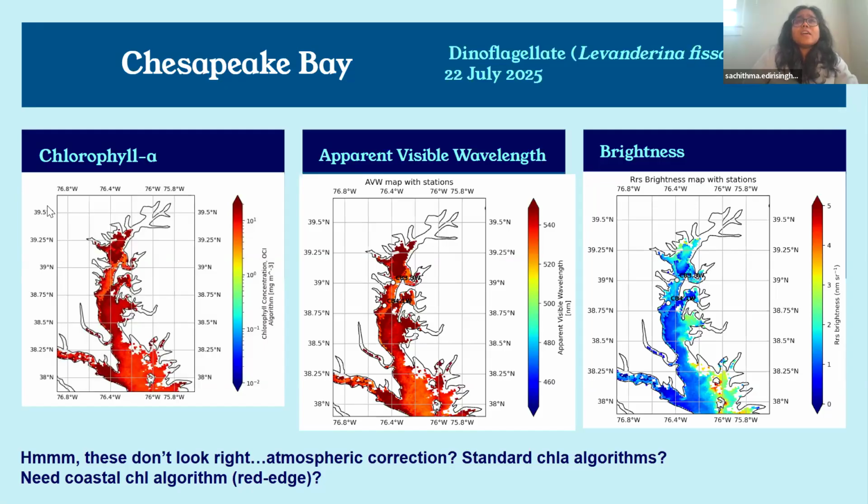And we have apparent AVW plot and a remote sensing reflectance brightness plots. I think it's typical to see the AVW is very high at the 2 stations, and we have low Rrs brightness that can indicate absorbing photons, as we learned from the tutorials.